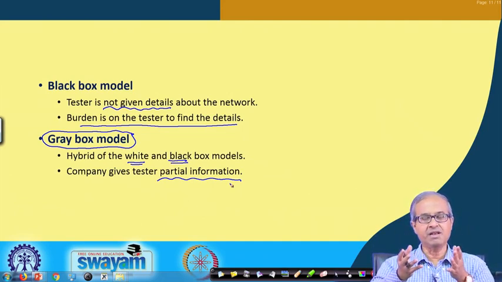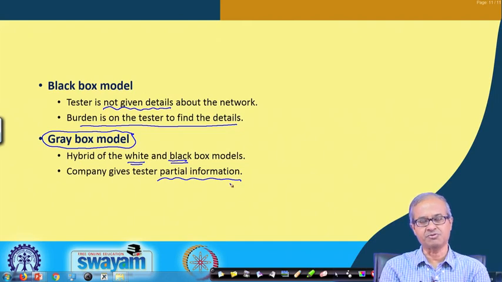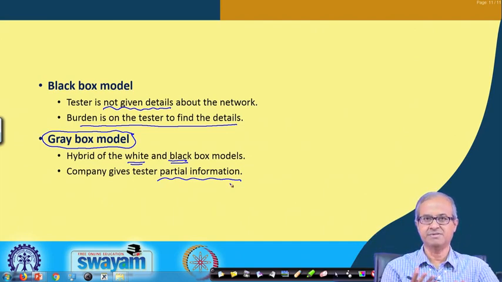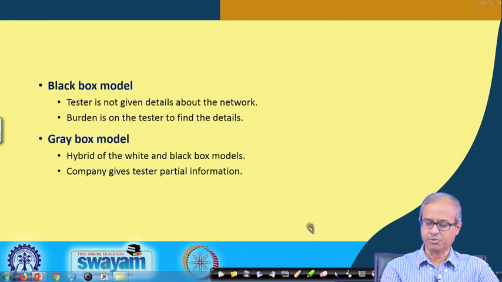Why partial? Because the company may know the details of some of the subsystems, but for some other subsystem the details may not be available to them either. So, they cannot provide any detail for that. They have just bought it and installed it, something like that. So, these are broadly the approaches.